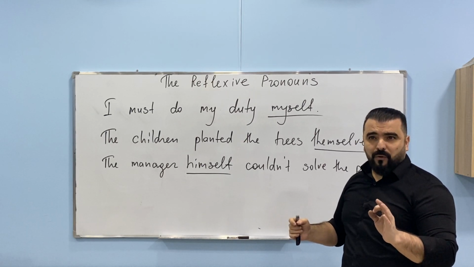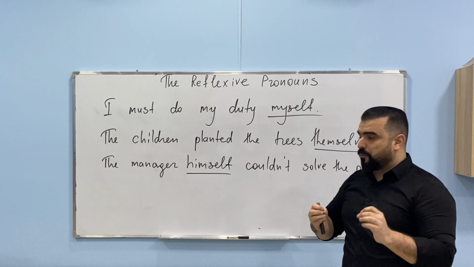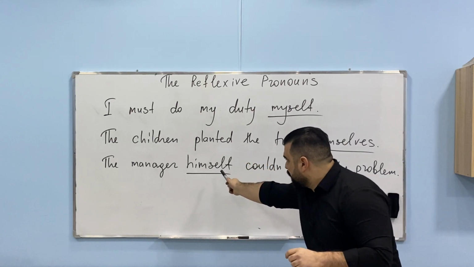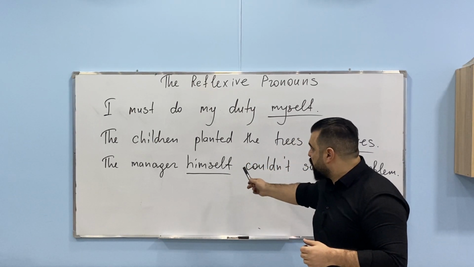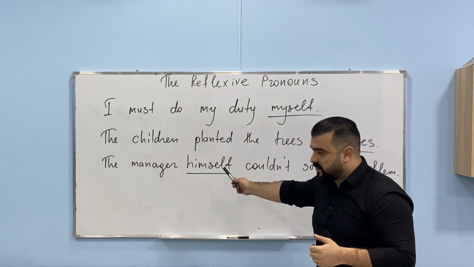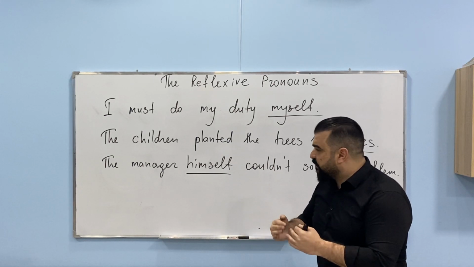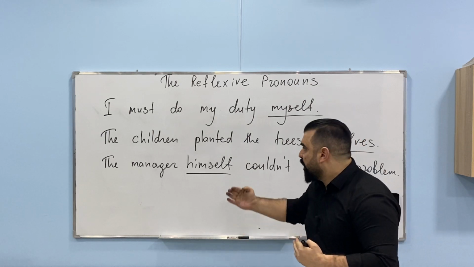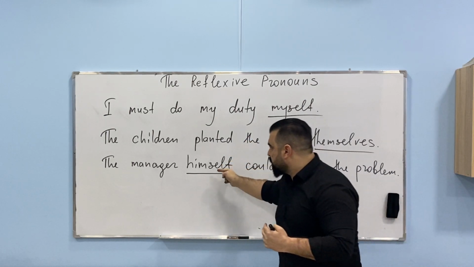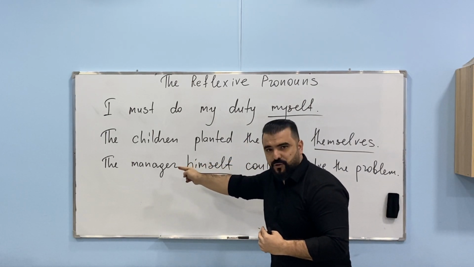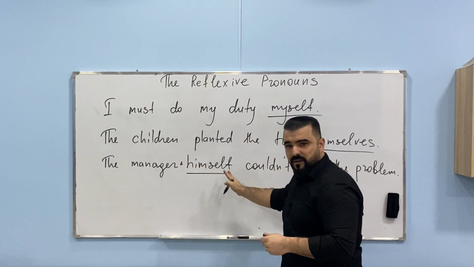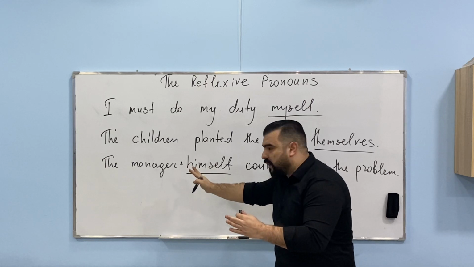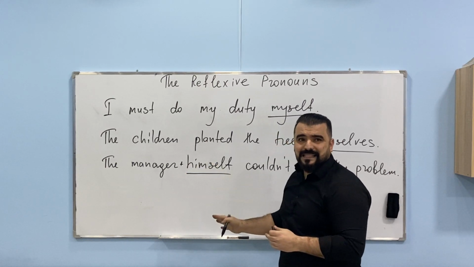And one point I would like to show you is that the reflexive pronoun with the meaning of emphasis can come at the beginning of the sentence or after the word it refers to. For example, here himself refers to the manager, and it can also be written directly after the word itself.